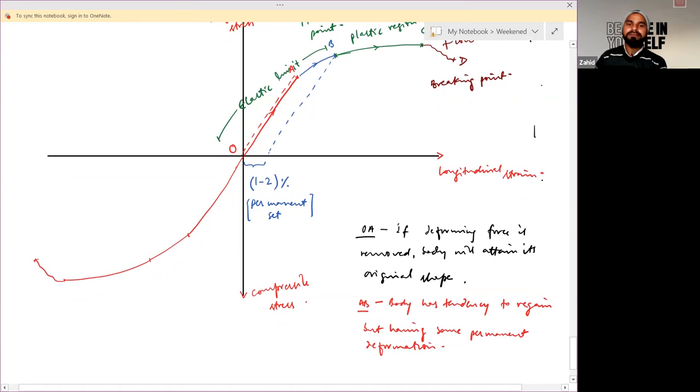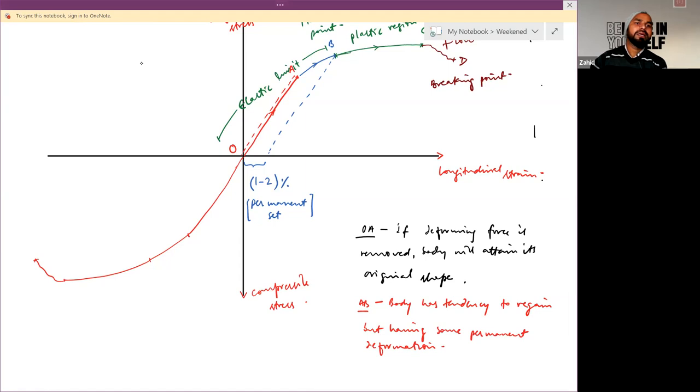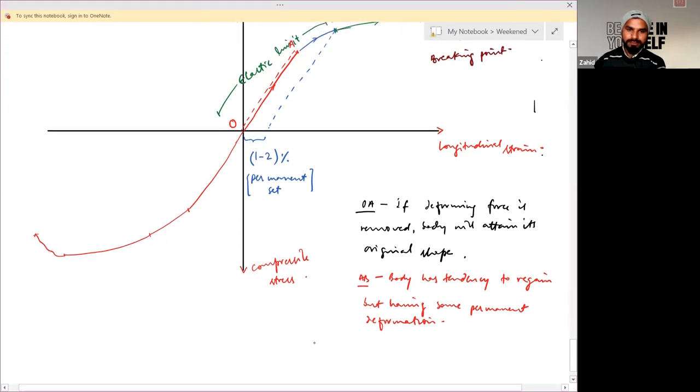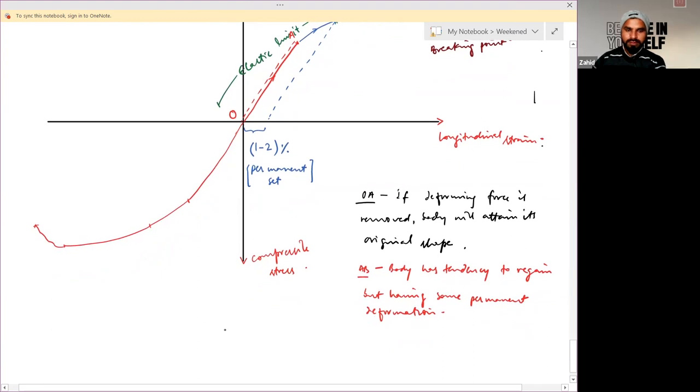From B to C, it has lost the ability of regaining its shape, that is termed as the plastic region or plastic limit. So from B to C, the object will have plastic behavior.